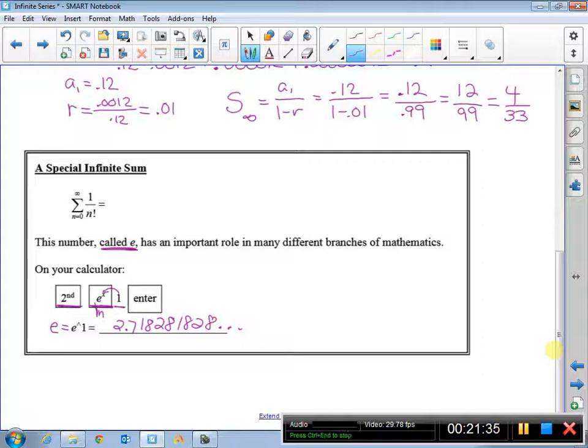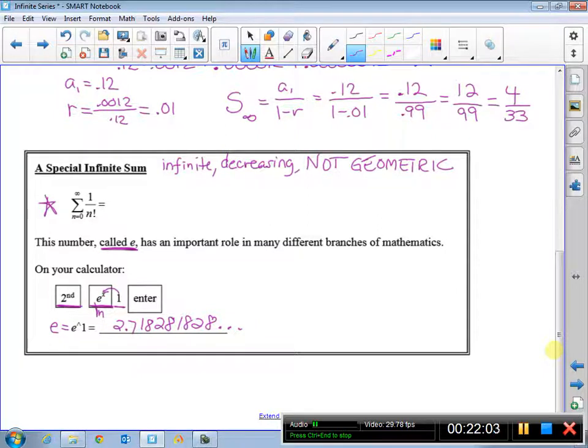Well, e has a special infinite sum that it is associated with. However, just so you know, it is an infinite sum. It is decreasing, but it is not geometric. So you cannot use that formula up above.